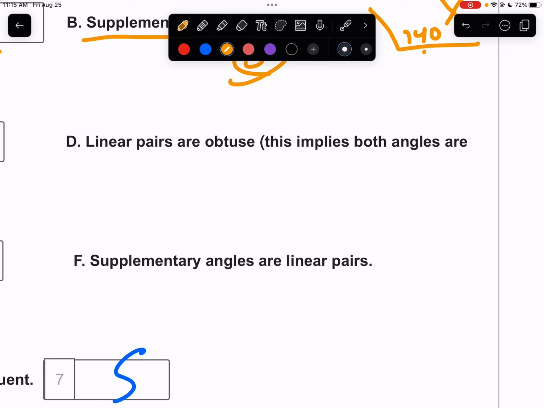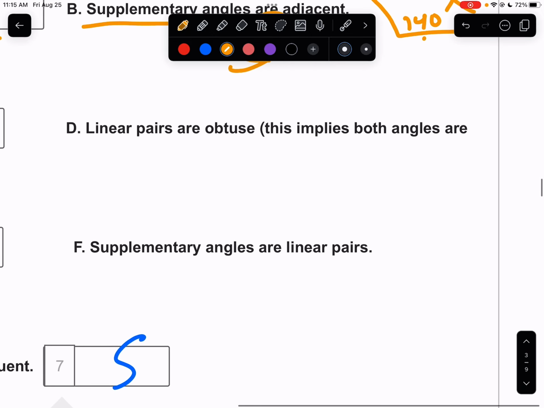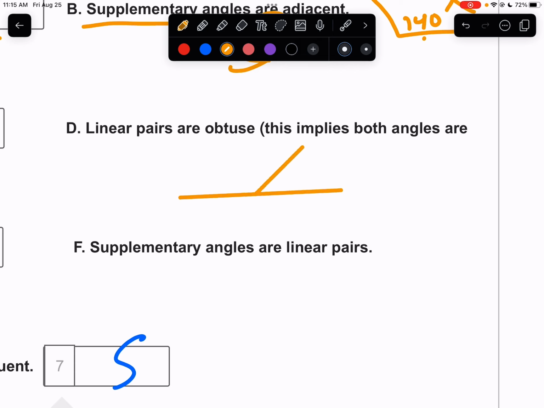Linear pairs are obtuse. This implies both angles are obtuse, to be clear. So if I have a linear pair, remember a linear pair is two angles that form a line. Well, they could be, here's one obtuse, one acute, or I could have two right angles. Couldn't they both be 90?